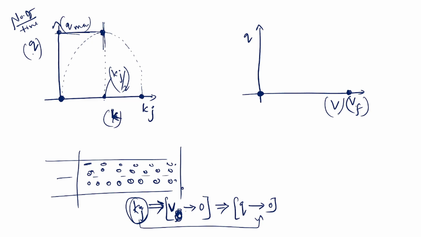But when V reaches Vf, the free flow speed, speed can be very high. When can it be very high? When there is low density. Low density means, again, no vehicles.